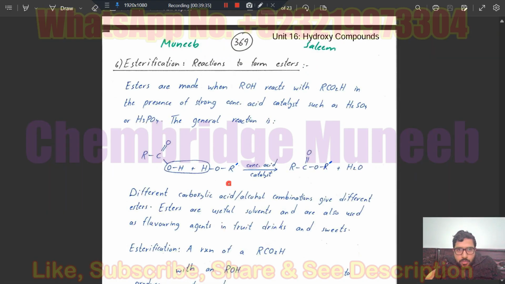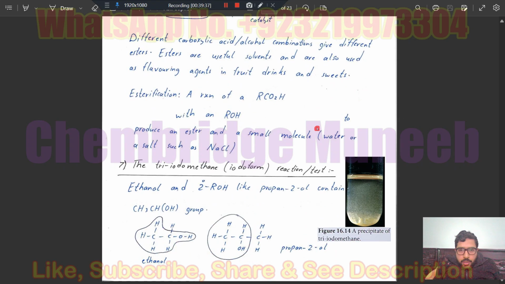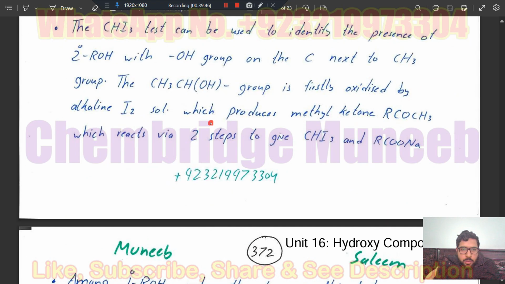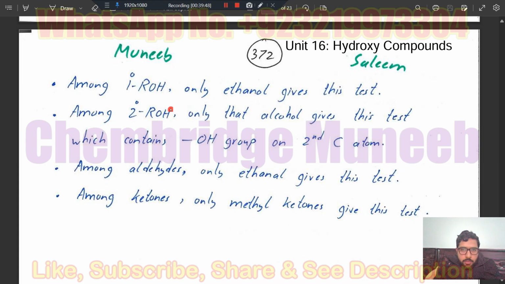Yes. In my notes, you can find the topic of the triiodomethane test, which has this type of precipitate formation. Now here in this topic, you can find which compounds can give this triiodomethane test with iodine. Among primary alcohols, only ethanol can give this test.